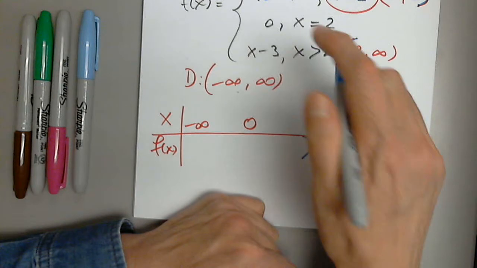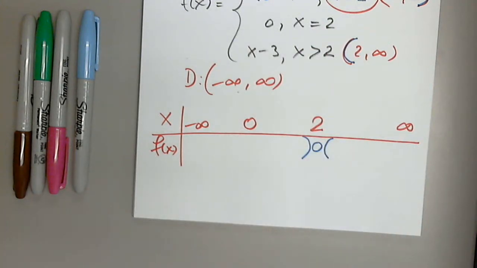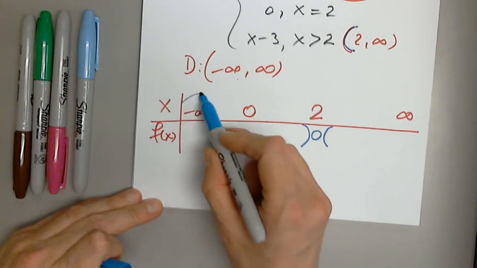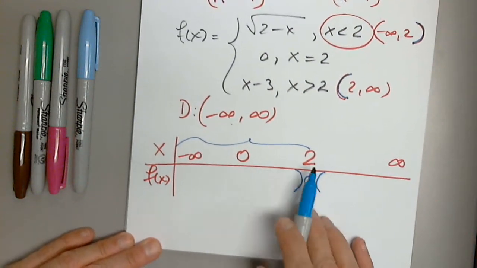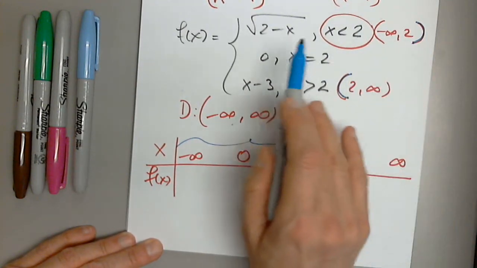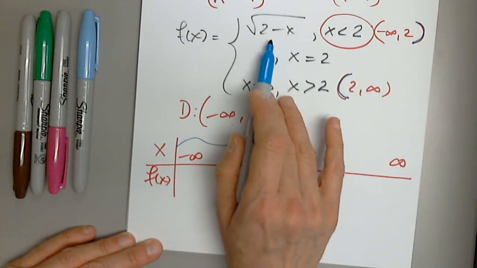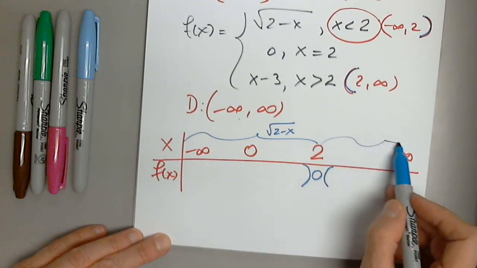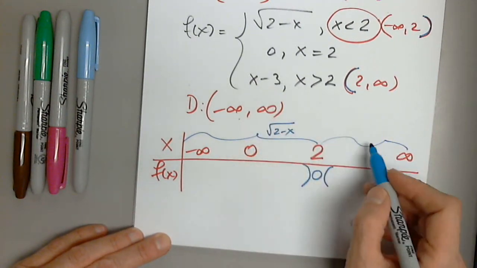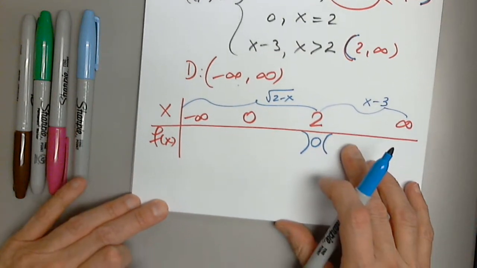When x equals 2, the function value is 0. On the interval between negative infinity and 2, I have to use this function, the square root of 2 minus x. Obviously, for 2 to infinity, I must use this function, which is x minus 3.